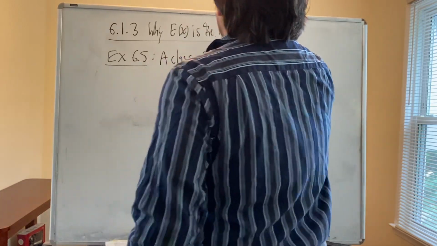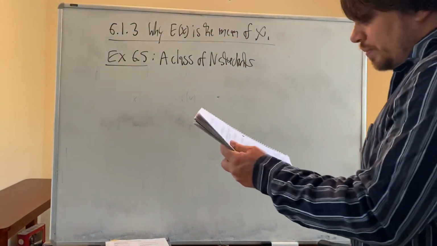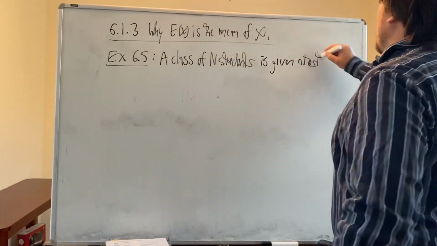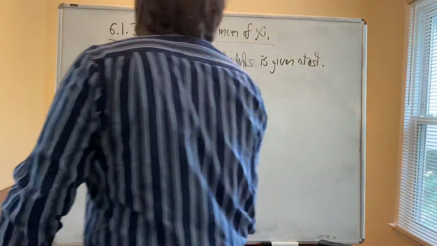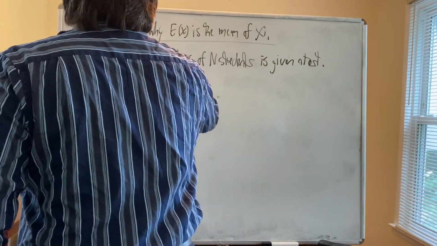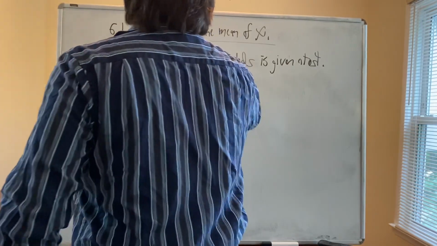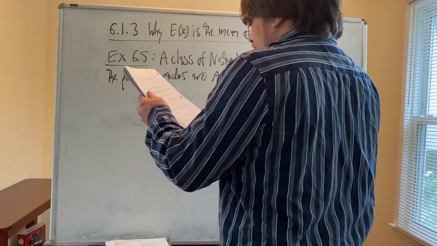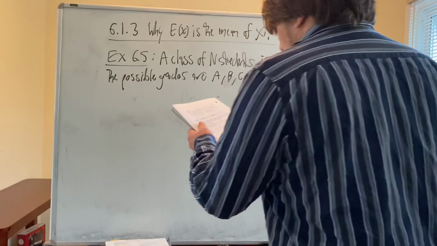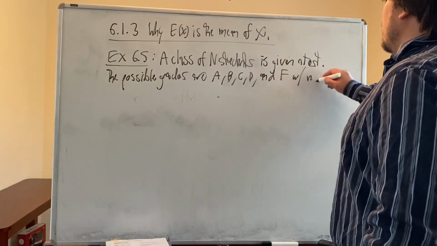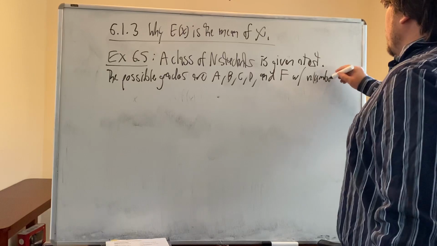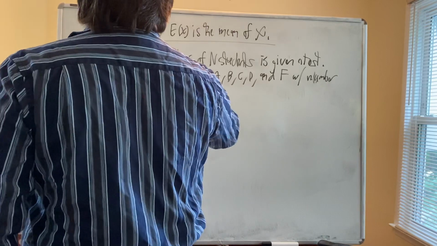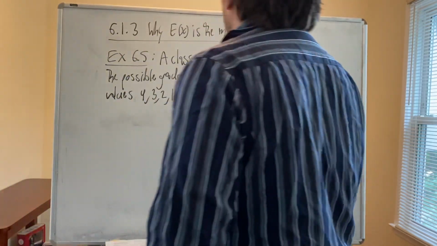Okay, so we have a class of capital N students is given a test. The possible grades are A, B, C, D, and F, with number values 4, 3, 2, 1, and 0, respectively.